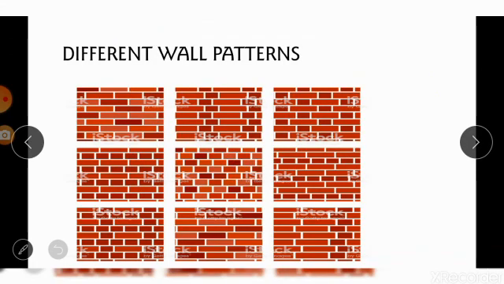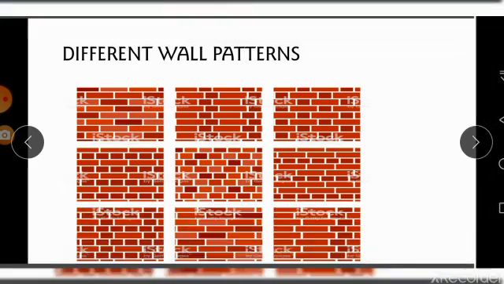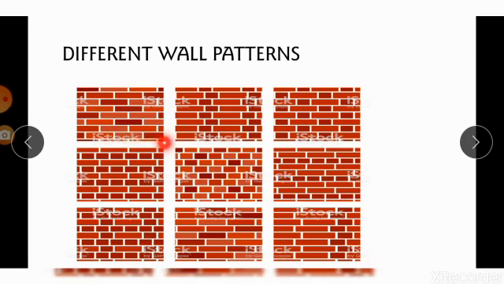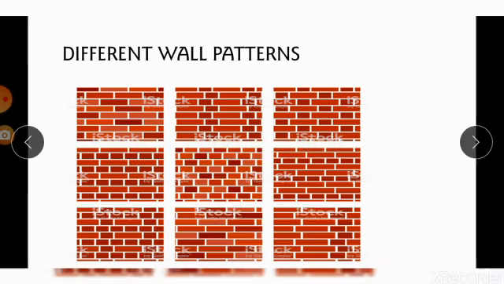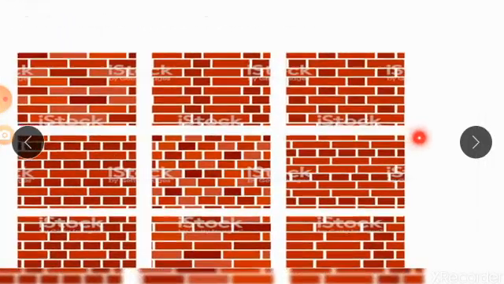Now on your screen you can see different wall patterns: first one, second one, third one. All of these look unique, and they are not related to one another.